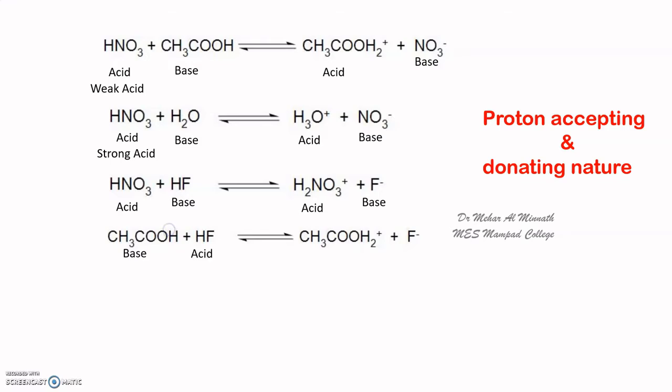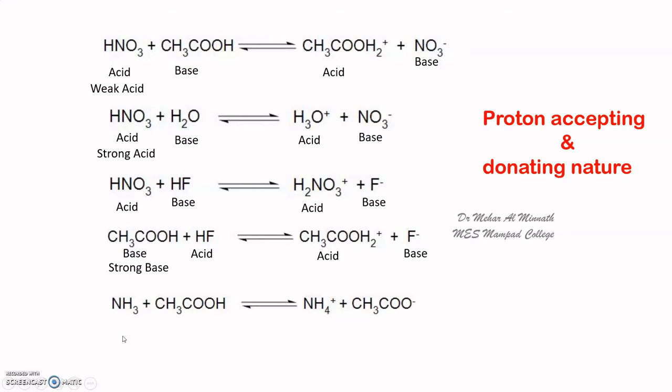HF will release its proton, and acetic acid will accept the proton, and thus acetic acid acts as the base, and HF will be the acid. So acetic acid here, in the presence of HF, acts as a strong base. Now, the same acetic acid in the presence of ammonia acts as a strong acid.